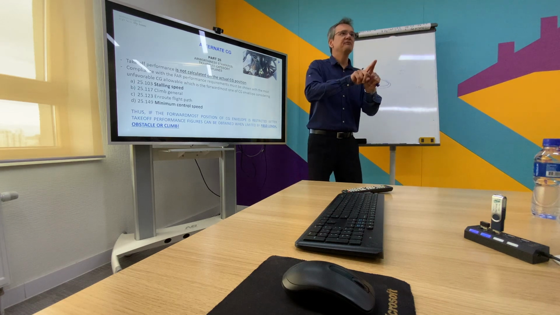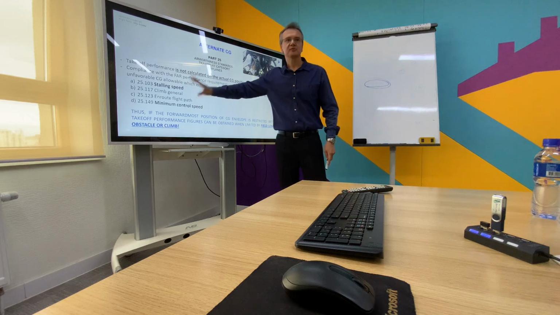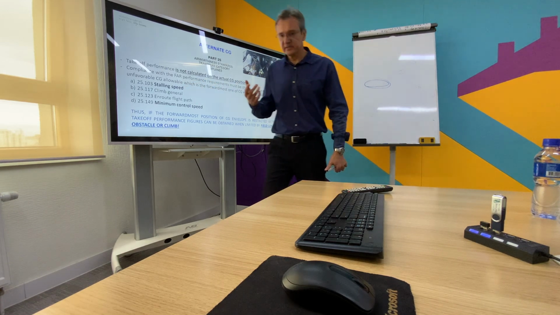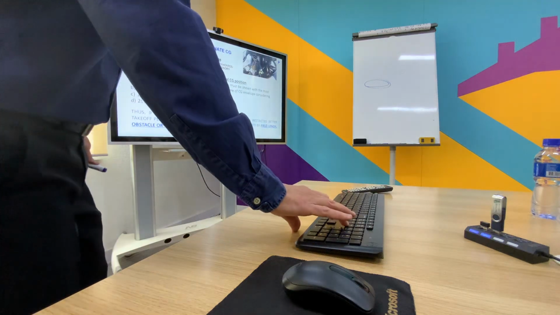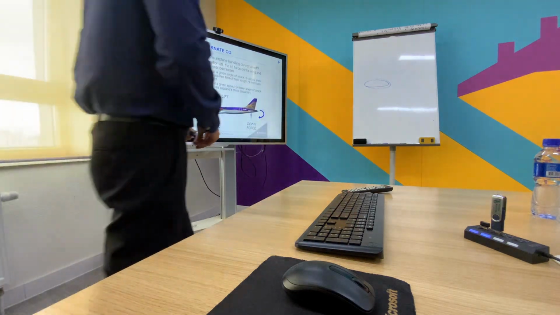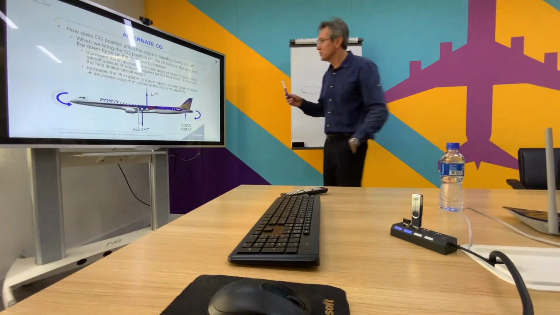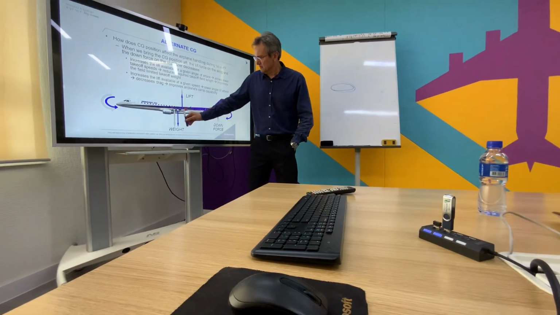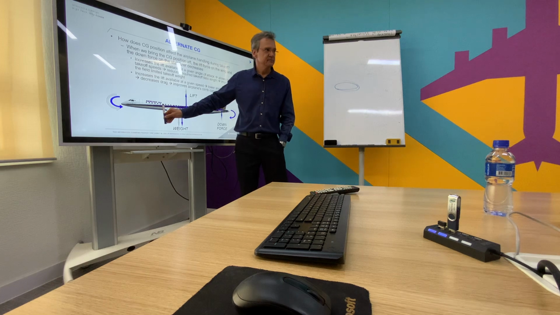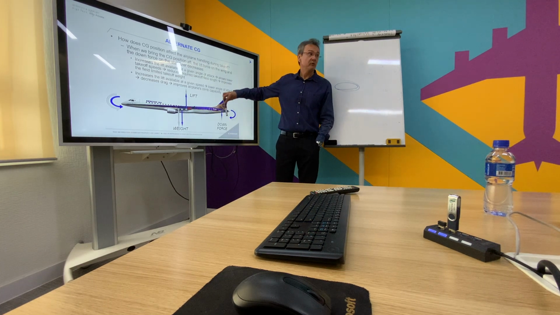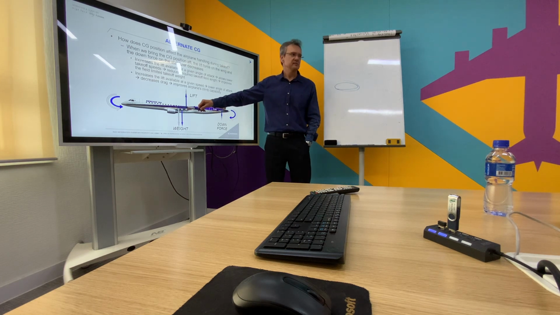It's kind of a variation of Part 25, and we certified it. What is the advantage? Let me explain. Let's go back to school. Whenever we have a CG forward, we have to have more force on the elevators to counteract the CG position.